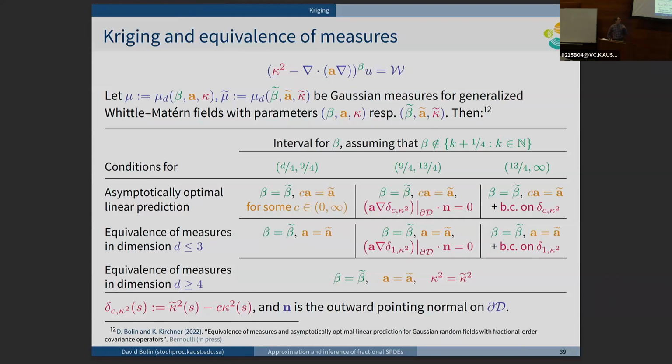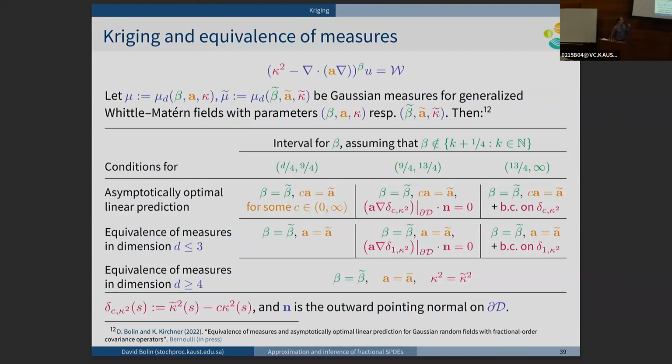So if we go back to the specific setting that I started with, this fractional stochastic PDE, and we look at the Gaussian measure mu corresponding to the Gaussian process induced by this stochastic PDE, and mu tilde is the Gaussian measure for this PDE but with different parameters beta tilde, A tilde, and kappa tilde. Then we have the following table that summarizes the conditions on the parameters in order to get either asymptotically optimal linear prediction or equivalence of Gaussian measures in dimension 3 or dimension 4.